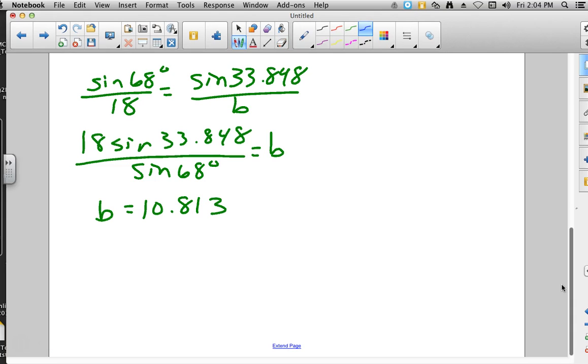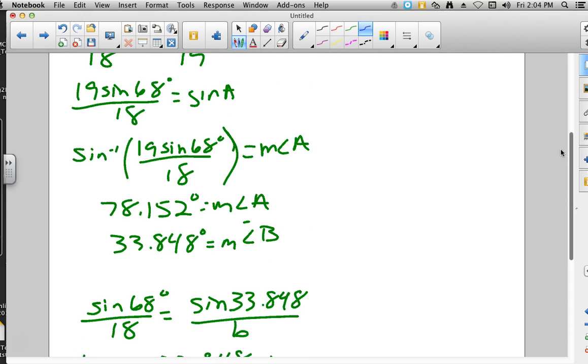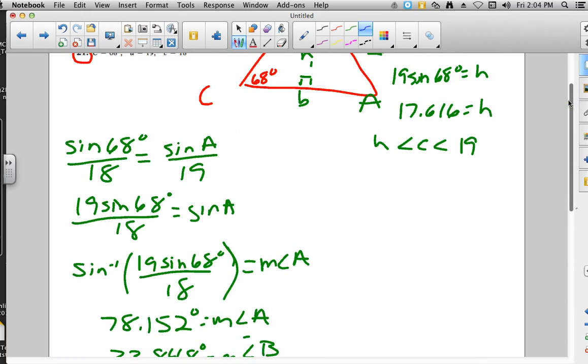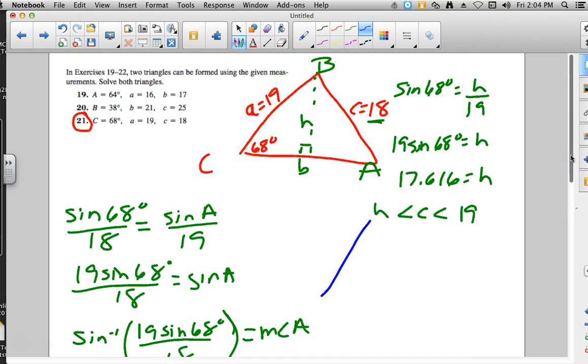Now back for the little sliver triangle. So what we have right now is our little sliver triangle where we have 68. This will now be c sub 2, b sub 2, a sub 2. C sub 2 will give us 18, a sub 2 will give us 19, and we're going to need to find b sub 2.